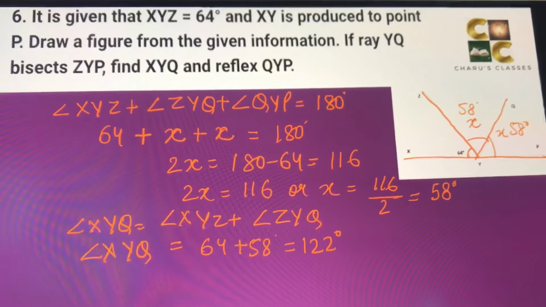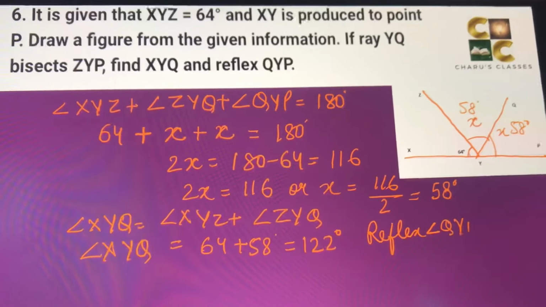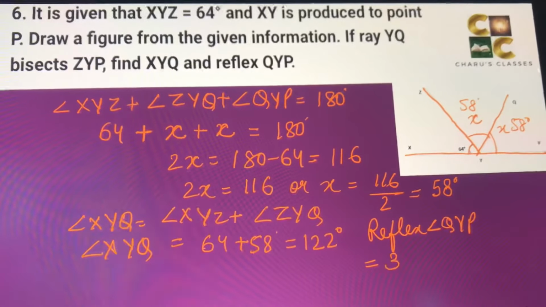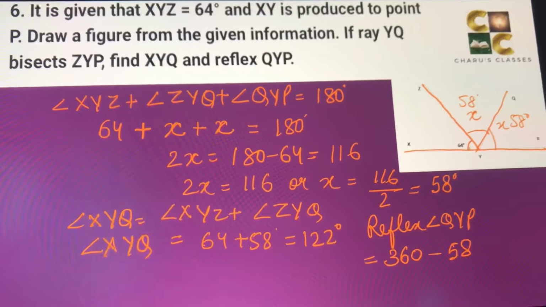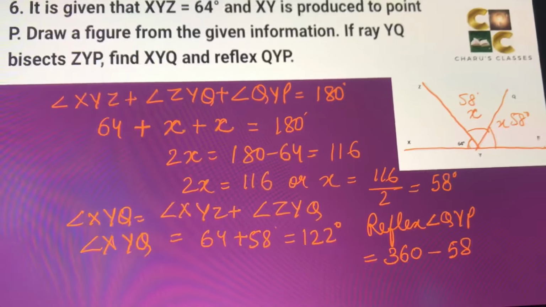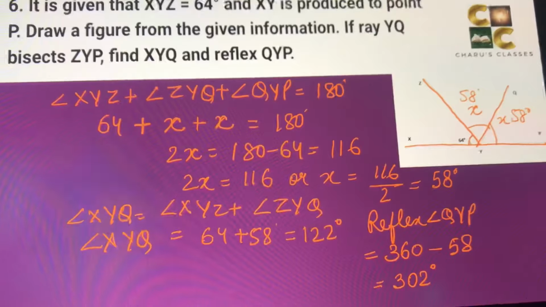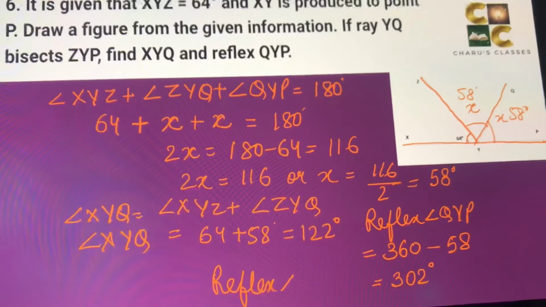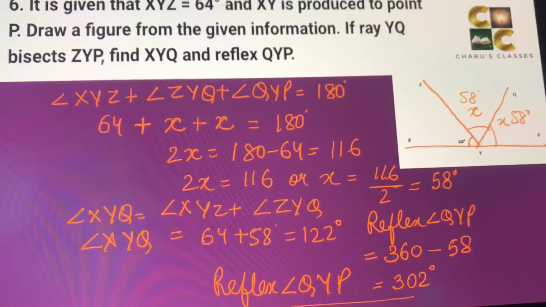They've also asked to find reflex QYP. So reflex angle QYP is equal to 360 minus angle QYP, which is 360 minus 58. That will come out to be 302 degrees. So reflex angle QYP is equal to 302 degrees.